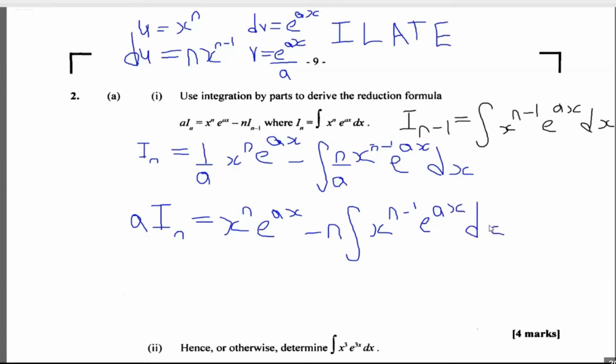But now look at this. We're really nice, we're straight. Because look at this now: x^(n minus 1) e^(ax) is In minus 1. So what we get is a times In is equal to x^n e^(ax) minus n times In minus 1.